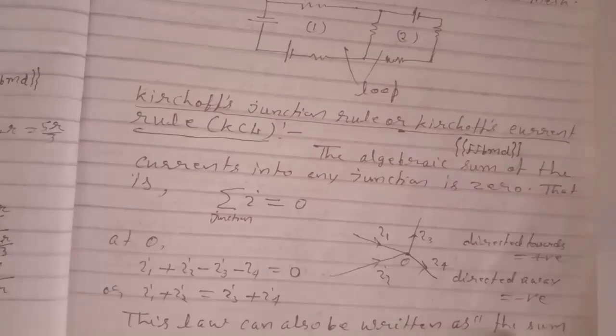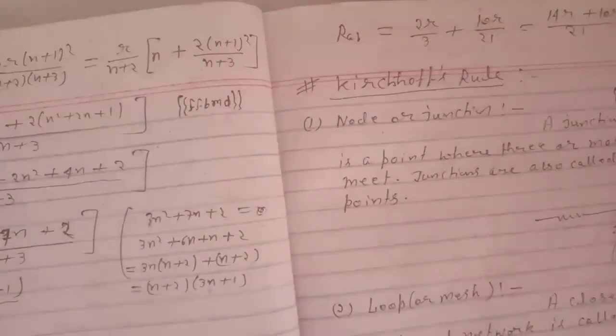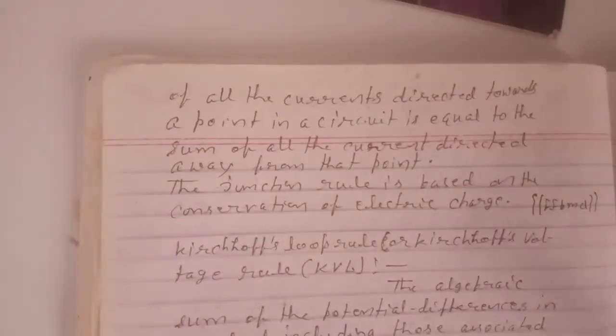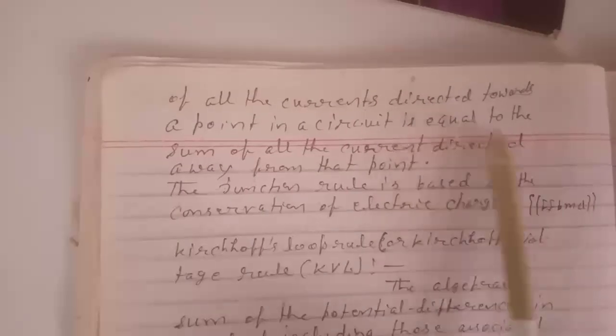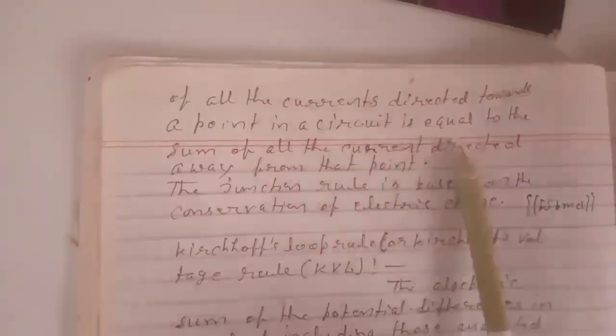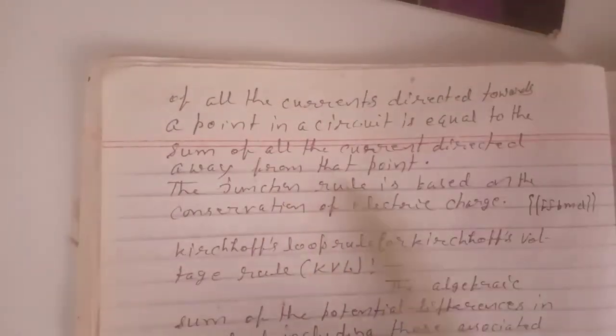This law can also be written as: the sum of all currents directed toward a point in a circuit is equal to the sum of all the currents directed away from that point.